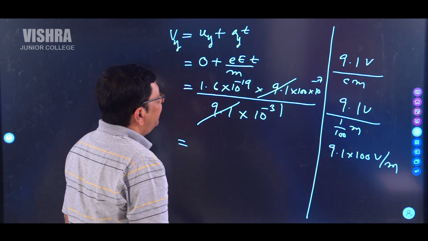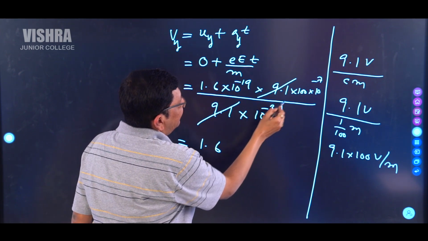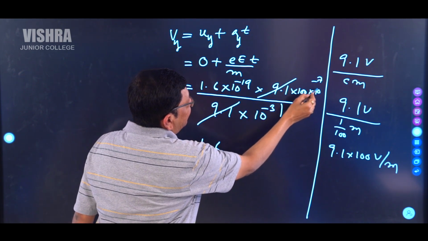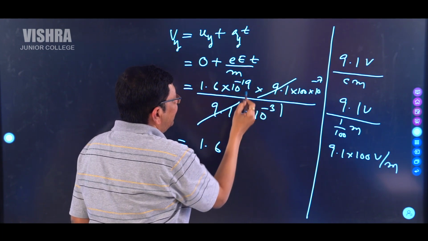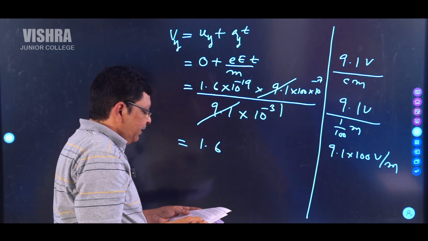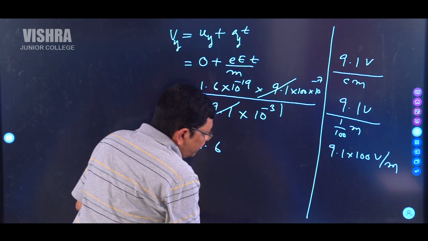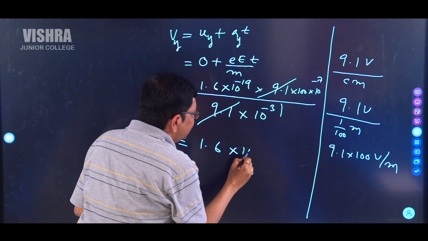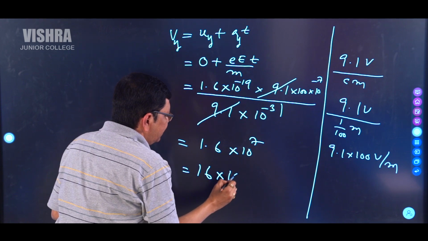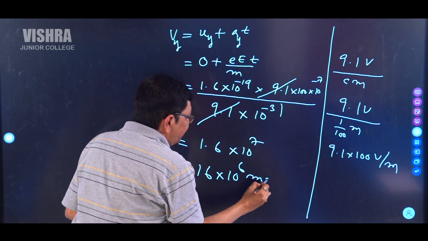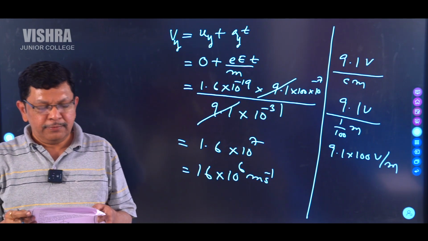Then 1.6 will remain, and 31 plus 2 is 33, minus all these, if you go for calculation, it is approximately 16 into 10 power 6. So 1.6 into 10 power 7 actually I think I will get, and the option given, 16 into 10 power 6, coincides with this in meters per second. Go for the calculations. I am leaving the simplification to you.